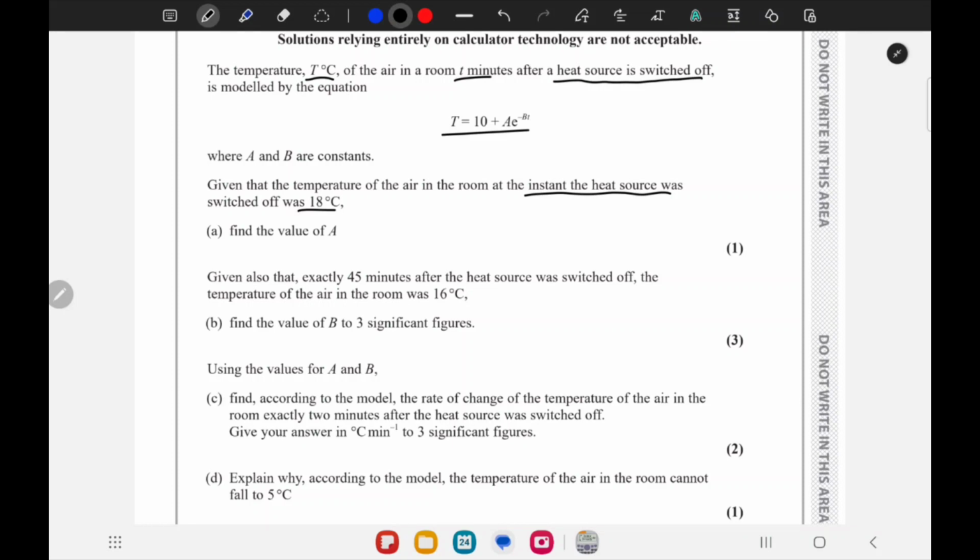So at t equals 0, T equals 18. So when small t is 0, big T is 18, we can put it in the equation. So 18 equals 10 plus a e to the power 0, which is 1, so 10 plus a. Therefore a would be 18 minus 10, so a is 8.